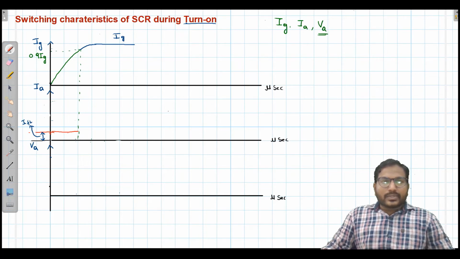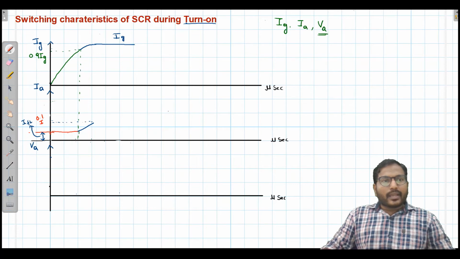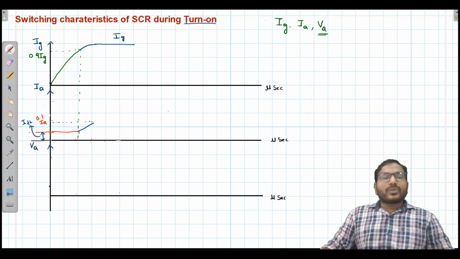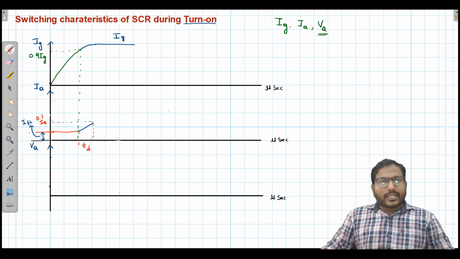So the current through the SCR will increase from leakage current to 0.1 Ia. The time taken by the Ia from leakage current to 0.1 Ia is called TD. So that is delay time.